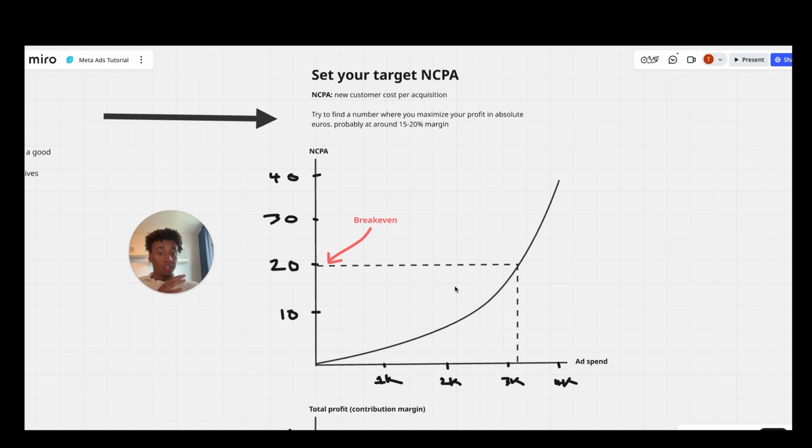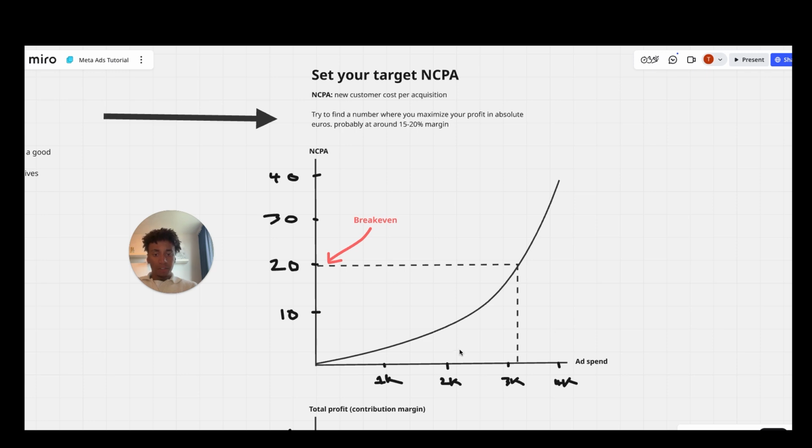But once you increase your ad spend, Facebook will need to reach new people. And Facebook is always trying to send it to the most optimal people as possible. So the more you spend, the more people Facebook needs to reach. And that means that the colder this audience is, the more it will cost to convert them, as probably the conversion rate will be lower on these people. So that's why your NCPA increases as your budget increases.